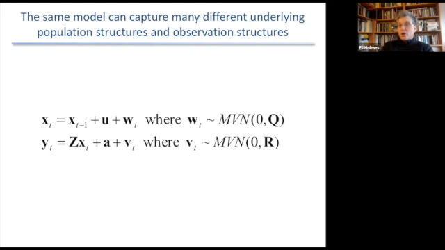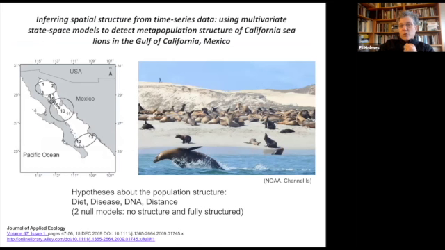A concrete example of this is some work that Eric and I did years ago. We were working with biologists in Baja, Mexico, and their question was about what structures the sea lion populations in the Gulf of California.